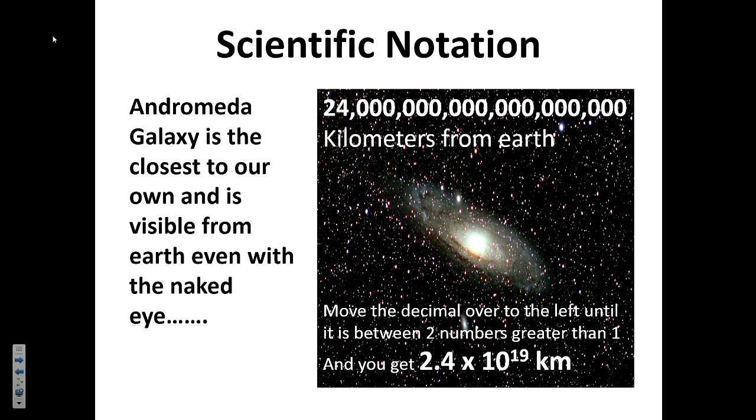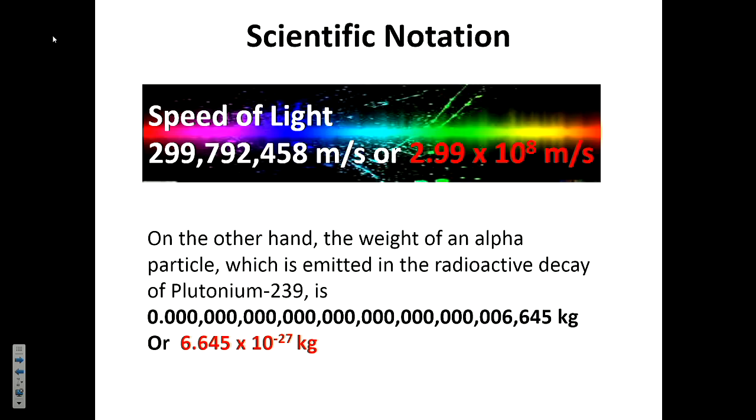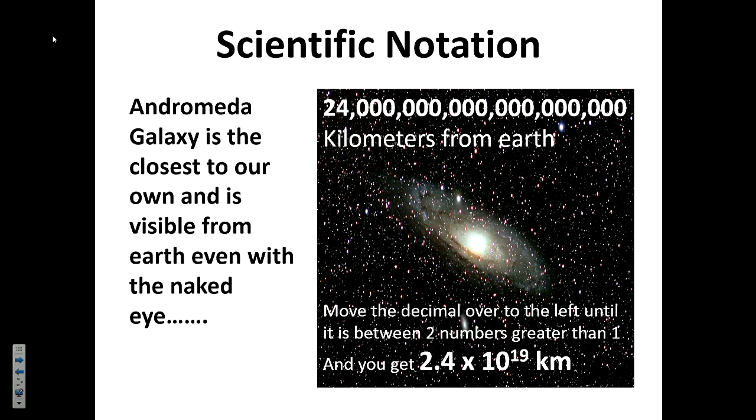And I've moved my decimal 19 places over. Because it's a large number, my exponent is positive. And all that I do is write times 10 to the 19, or times 10 to the however many decimal places. So if it's a small number, your exponent is negative. If it's a large number, your exponent is positive. And all that you're doing is just moving your decimal.